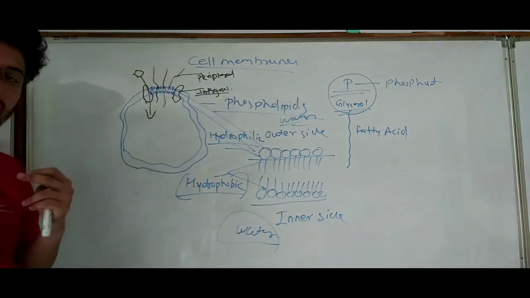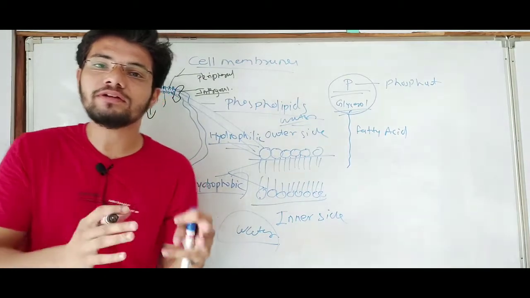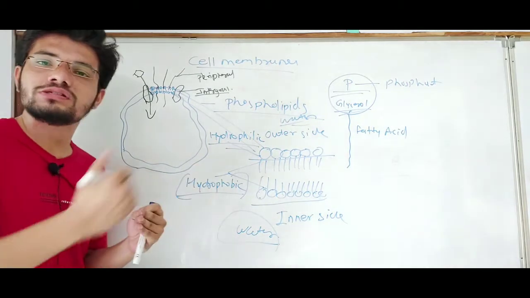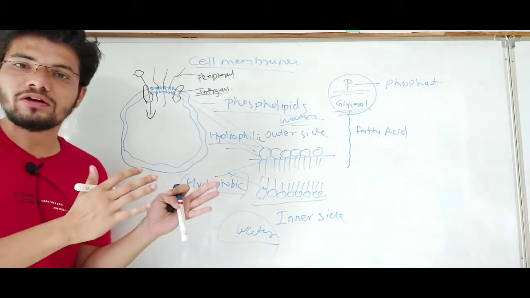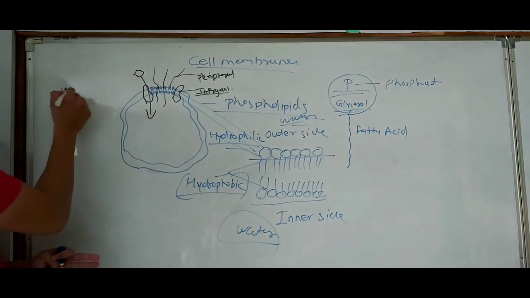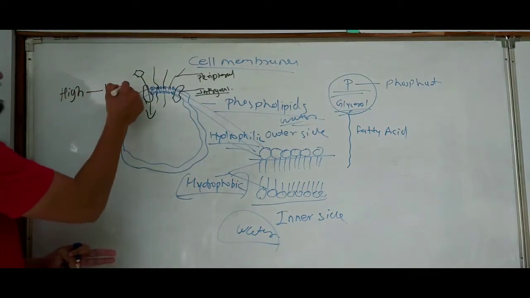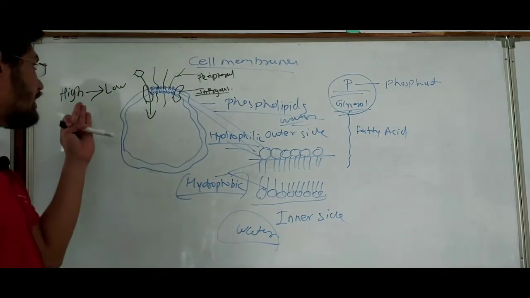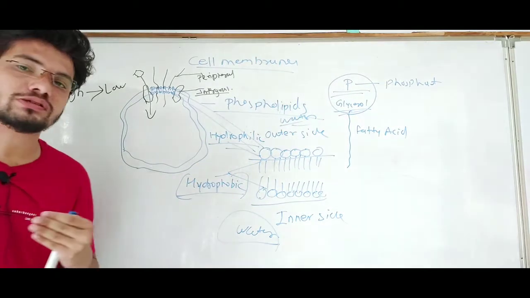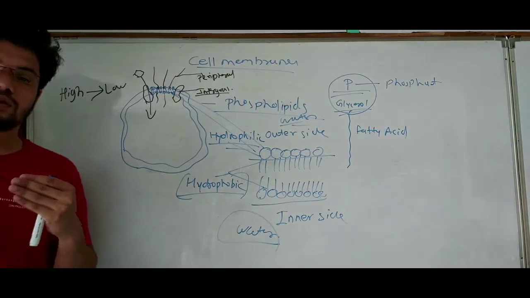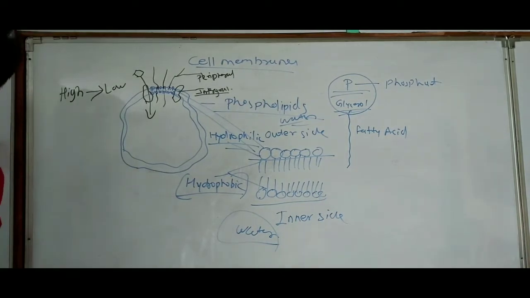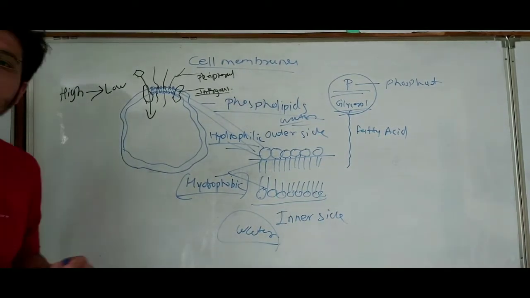Cell transport can be of two types: passive transport and active transport. If the molecules are moving along the concentration gradient, from higher concentration to lower concentration, that transport doesn't require any energy or ATP molecules.